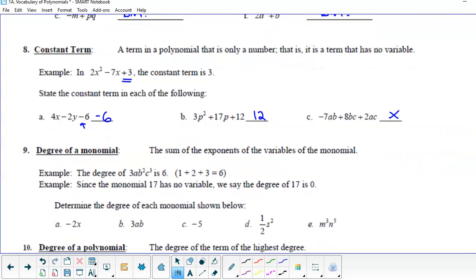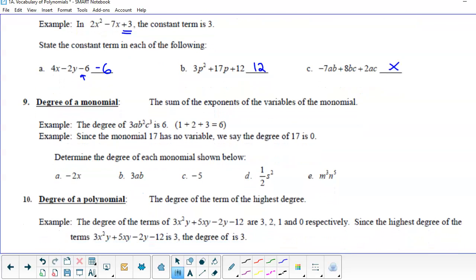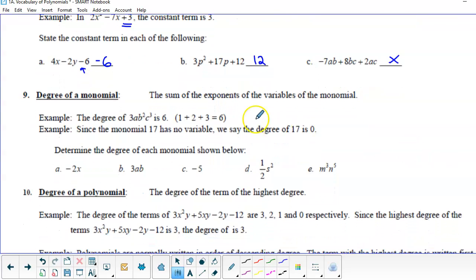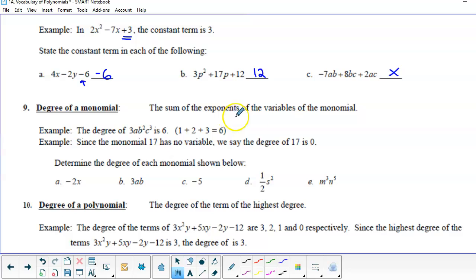Okay. Then, degree of a monomial. What the degree means is it's the sum of the exponents of the variables of the monomial. Really, what it means is how many variables are multiplied together if you showed the monomial in the long form, not using exponents.